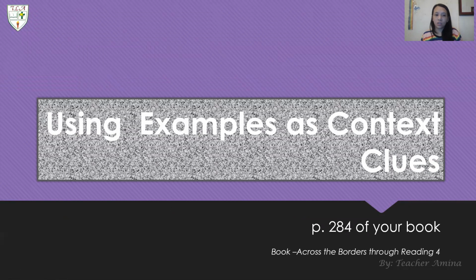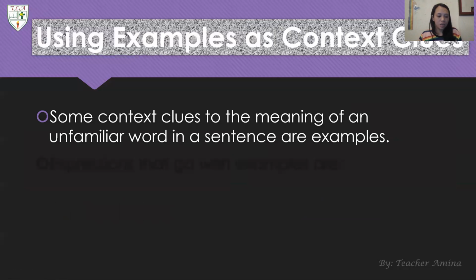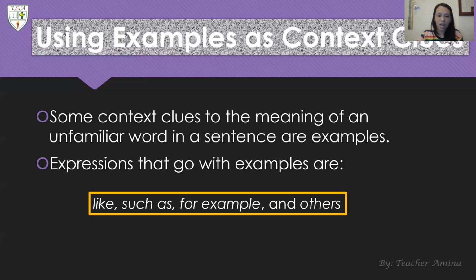Next lesson is about using examples as context clues. Some context clues to the meaning of an unfamiliar word in a sentence are examples. Expressions that go with examples are like, such as, for example, and others.